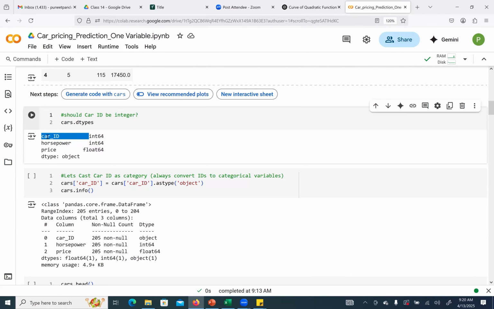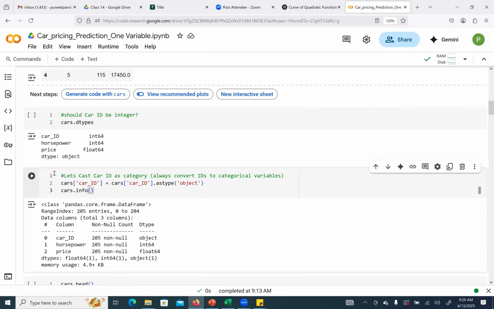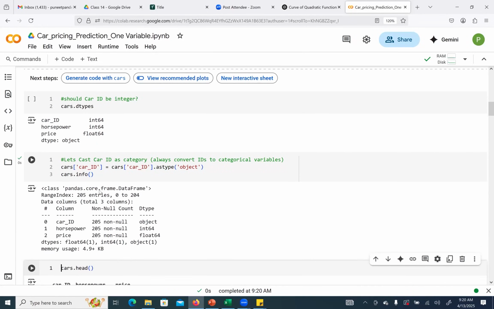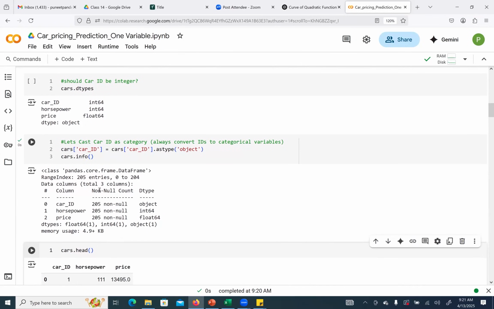Your phone number, Aadhaar card number, bank account number, employee ID, any ID, these are not integer variables. These are string or categorical variables. So it's always a good habit to change them to categorical, and that's what I have done here. Even if you keep it like this, it is totally fine because I'm not going to use it, but it is a good habit to keep the data types correct for each column.